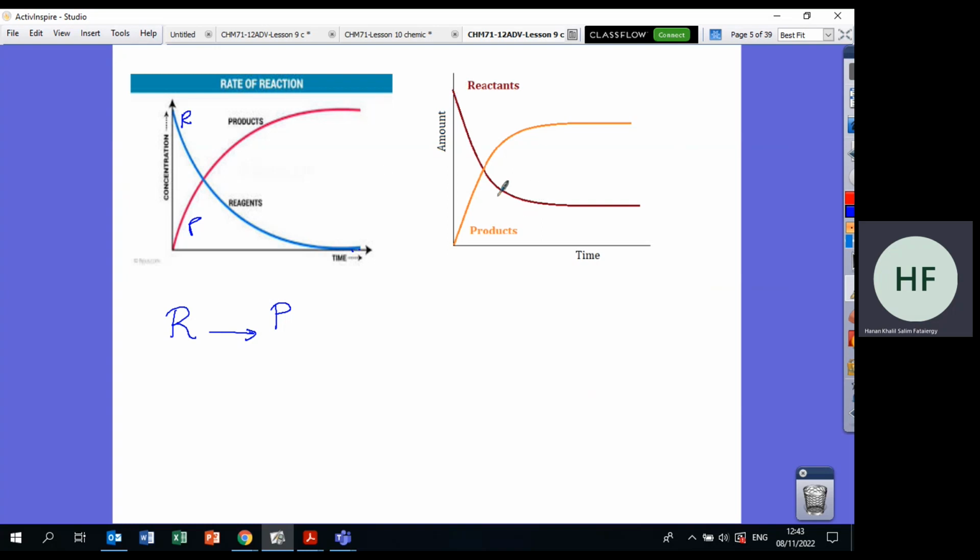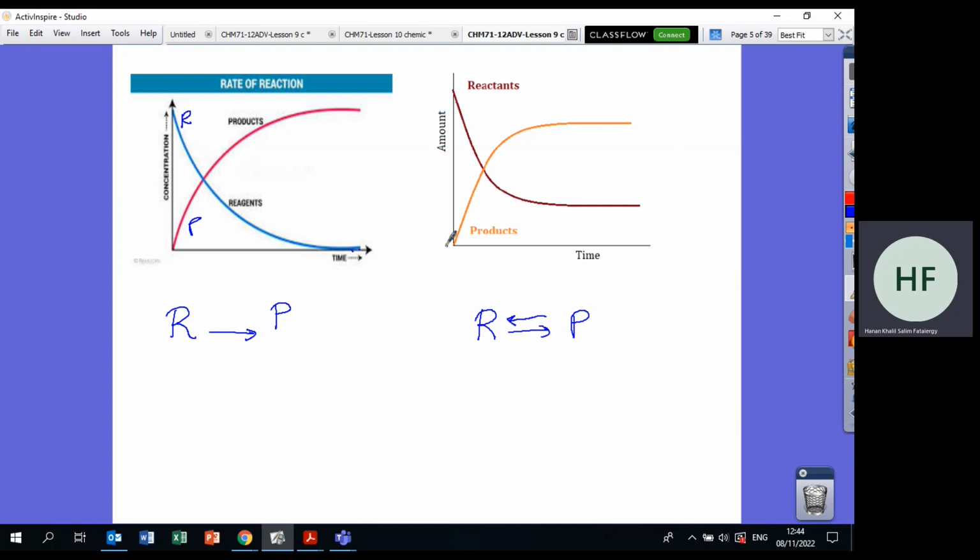Here the reactants are decreasing till they become constant, so they are becoming products, and the products are increasing till they become constant, but nobody is becoming zero. Reactants are not becoming zero, so I will put a double arrow. So this is the difference. This reaction goes in only one direction, but this one goes in two directions.